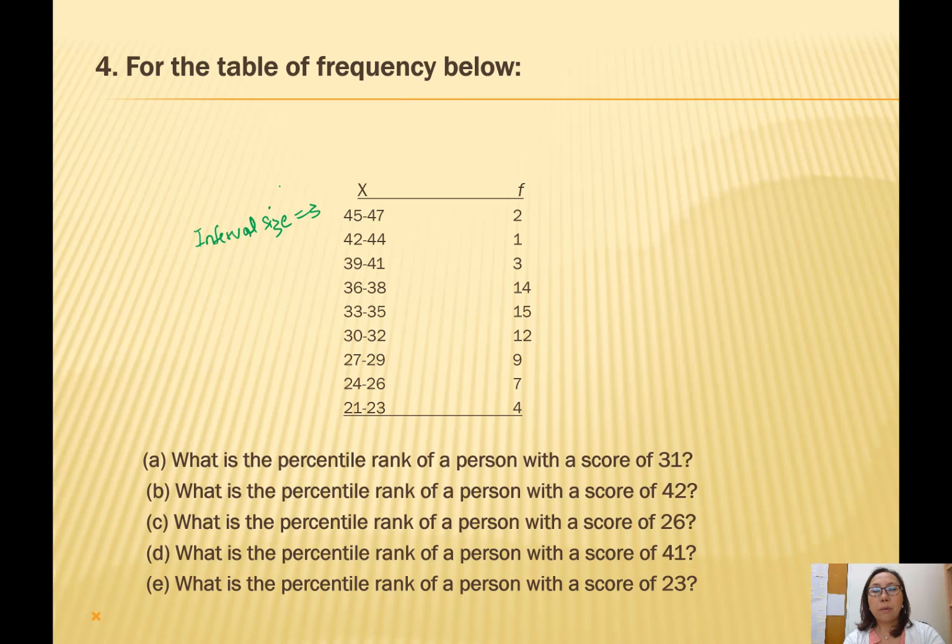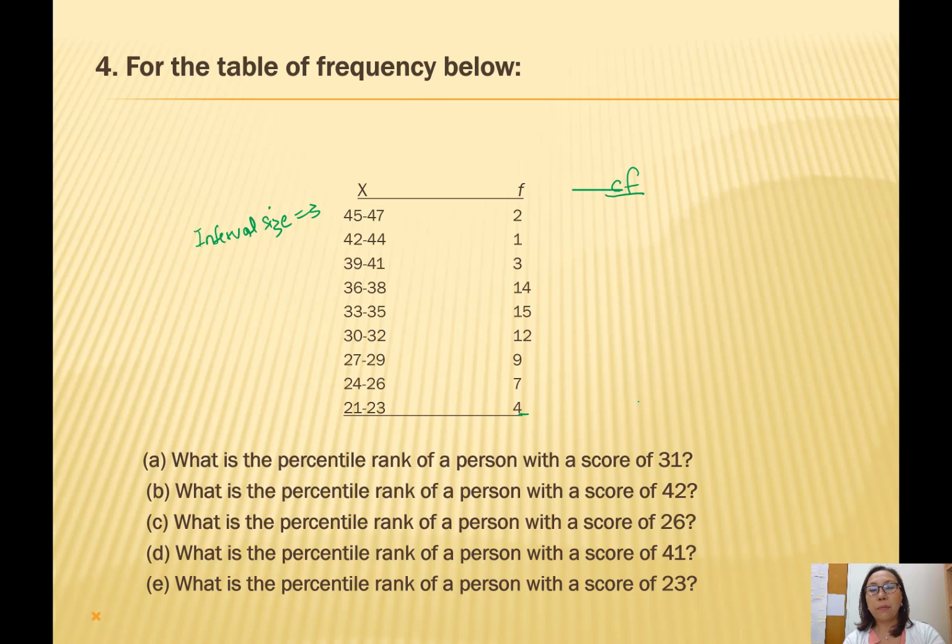Another thing that we need in order to calculate the percentile is the CF column. The CF column is to add the frequencies from the bottom to the top. So we need to create that table before we can plug the numbers into the formula using each of these 5 scores. Let's start the CF column.